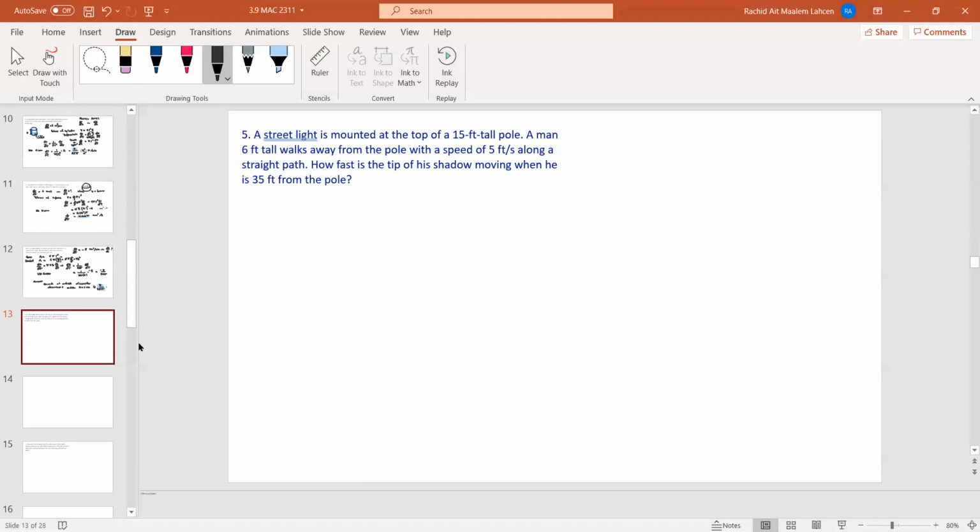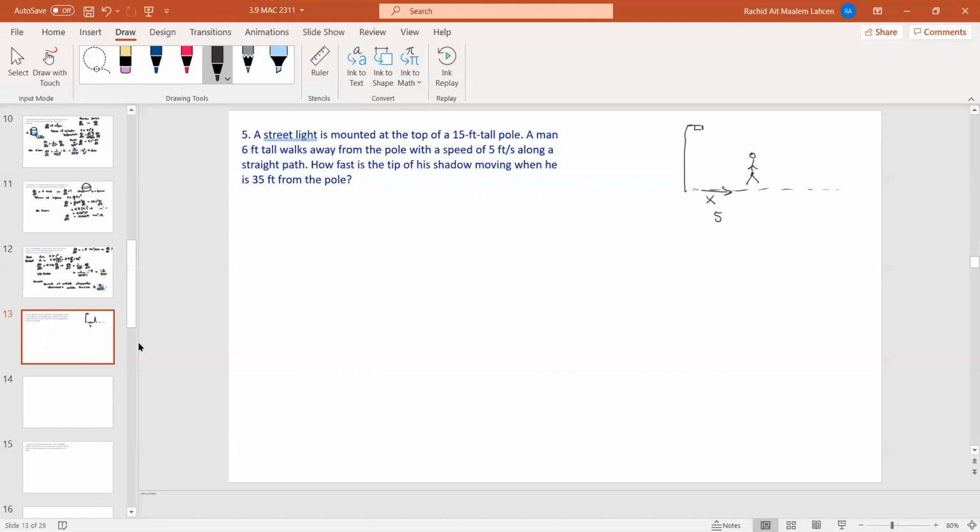Here, the street light is mounted at the top of a 15-foot tall pole, and a man, let's say 6 feet tall, walks away from the pole in this direction, with a speed of 5.